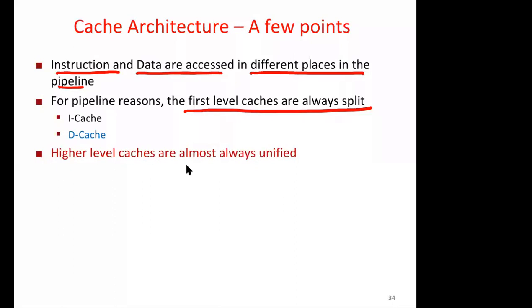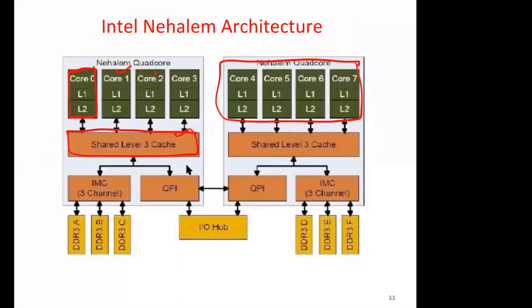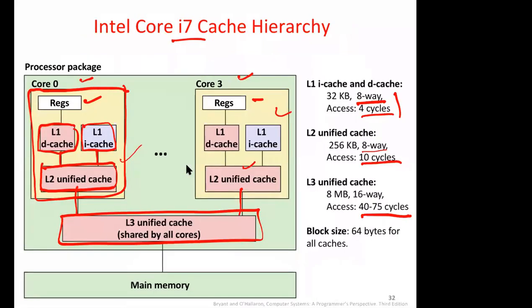What is also important is that the time to communicate data, because there is a propagation time, has to be very short. In order to take care of this, we have an instruction cache and a data cache. But higher level caches are usually unified. We have seen this in the case of L3, which is always unified, and here also we can see L3 is unified across multiple cores.